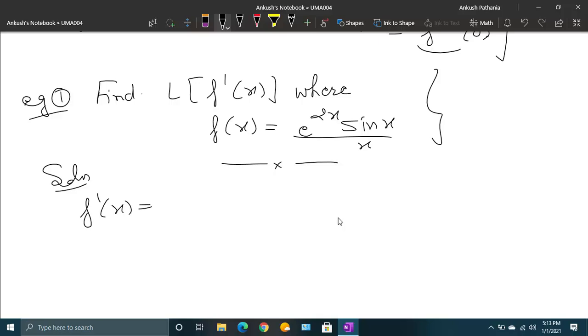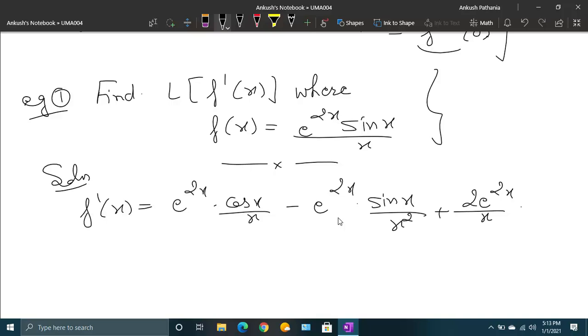I can just write here the derivative of this function. It comes out as e2x cos x upon x, and the other term has x square.